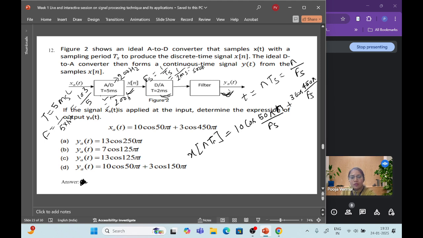So for the first analog to digital converter, Fs is 200 hertz, right? So 10 cos 50 pi n divided by 200 plus 3 cos 450 pi n divided by 200. We have to do the calculations.